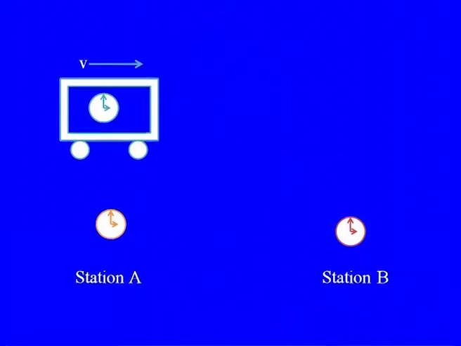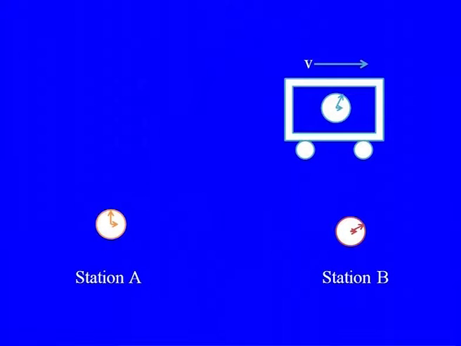Then what happens? Suppose a person moves with a uniform velocity v in a train coach, and he has a watch on his wrist.